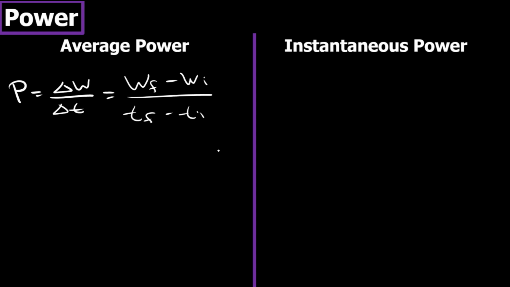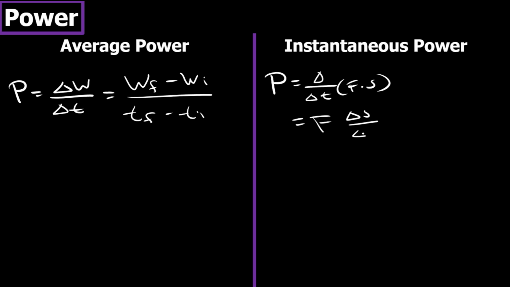Now if we were to expand this definition of power, P equals delta W over delta t, so I can use delta F dot s over delta t. If we expand that, and we know that force is a constant, so we can take it out, delta s over delta t, what we will get is F dot v, velocity. So the dot product of force and the velocity of the body at that particular time gives us instantaneous power.